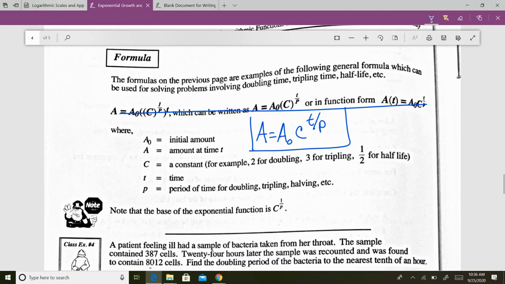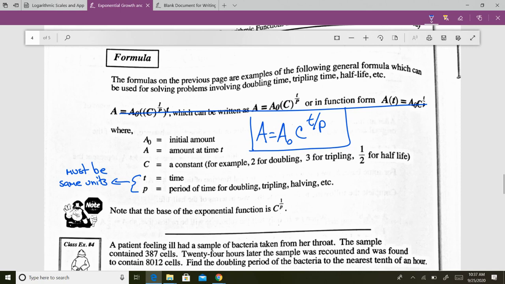And the one thing about T and P is they must be the same units. Because if they're not the same units, then your exponent is going to have units, and that doesn't really make sense. They have to be able to cancel, so they need to be in the same units.